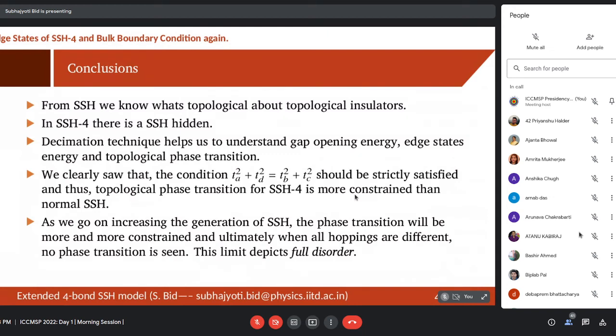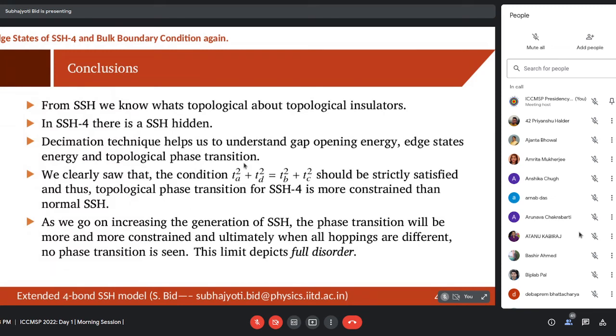So there is very good physics inside this point. As we go on increasing the generation of SSH, let's say I go from 2 to 4 to 8 to dot dot dot something infinity, that is, I now repeat Ta, Tb, Tc, Td, or T1, T2, T3 dot dot dot Tn, and the unit cell has gone to infinity.